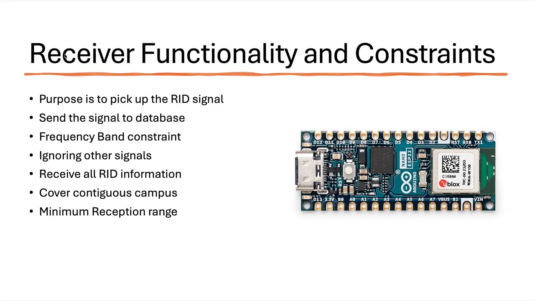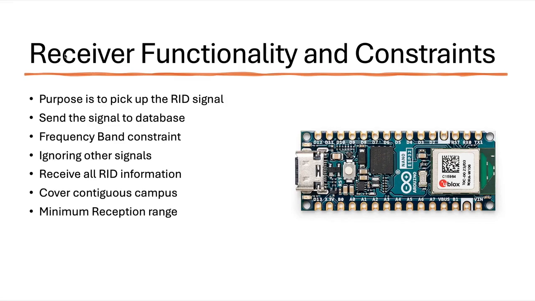Now, the receivers need to have a minimum reception range, so we're going to be able to cover this campus. And right now, based on the Bluetooth online calculator, the current receiver is spec'd out to be able to pick up signals from about 174 meters away at least, 241 at most.